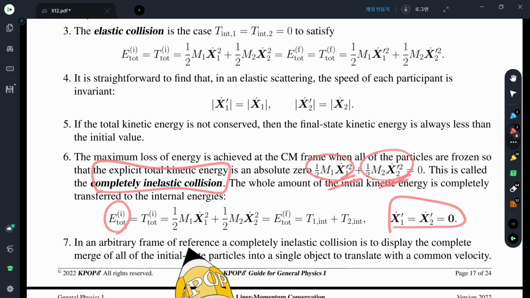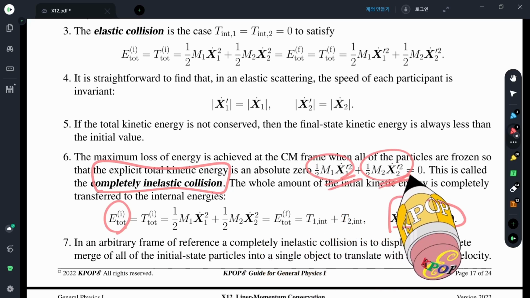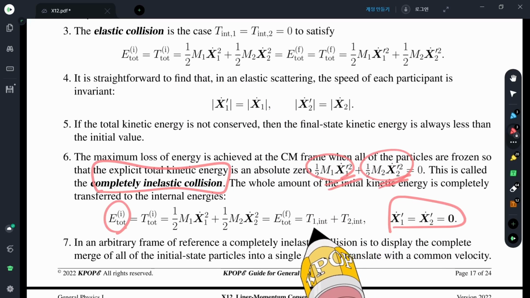However, the energy is actually not lost, but it is not explicit. It is implicitly hidden inside each particle's thermal energy.